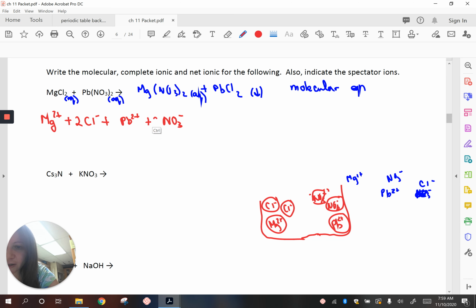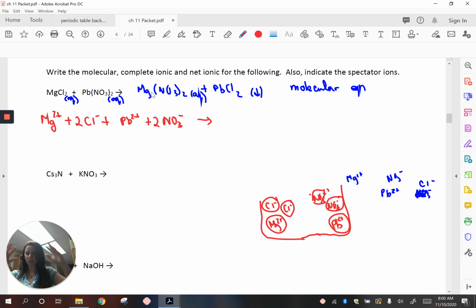But magnesium nitrate is soluble, meaning that if you put it in water, the water is going to get in between and dissolve it, right? And so if I form magnesium nitrate, the water is going to dissolve it and dissociate the ions back, and they're just going to keep swimming around. So every time they get close together, the water gets in between them again, and they keep going. So nothing really happens.